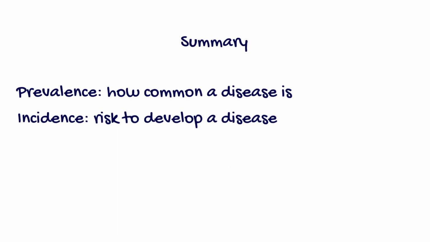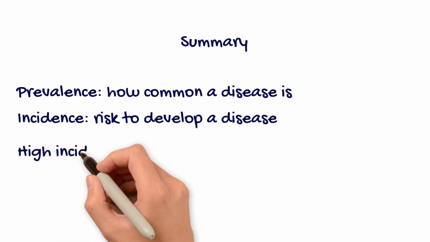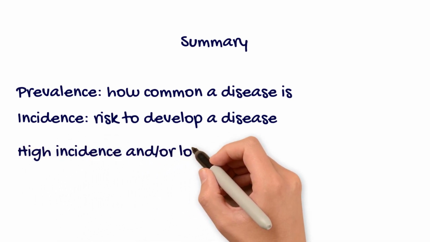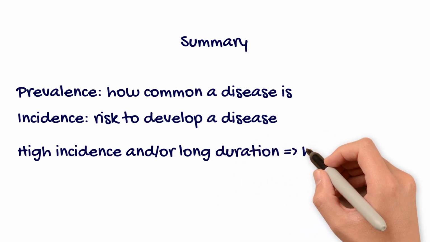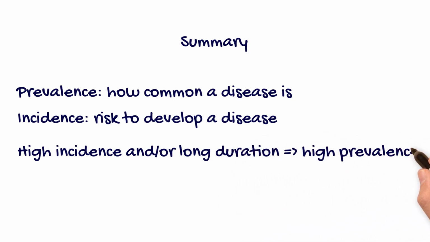So if a disease has a high incidence, it means more people are getting it for the first time. Chronic diseases that have high incidence rates tend to have higher prevalence. Diseases that have high incidence rates but are associated with high mortality tend to have a low prevalence.